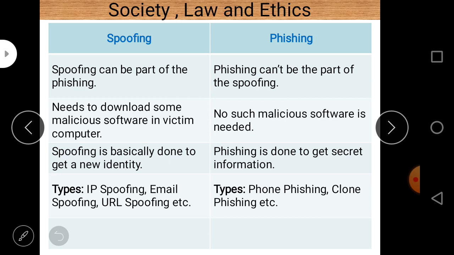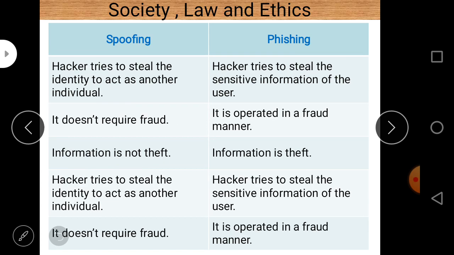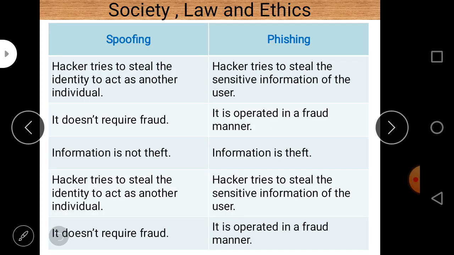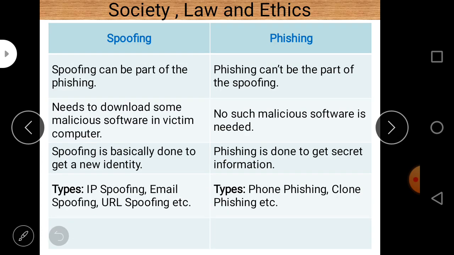In identity theft, it may be possible that some information can also be stolen, but in phishing, only the information is stolen. So identity is not concerned with phishing. Spoofing can be part of phishing, but phishing cannot be part of spoofing.